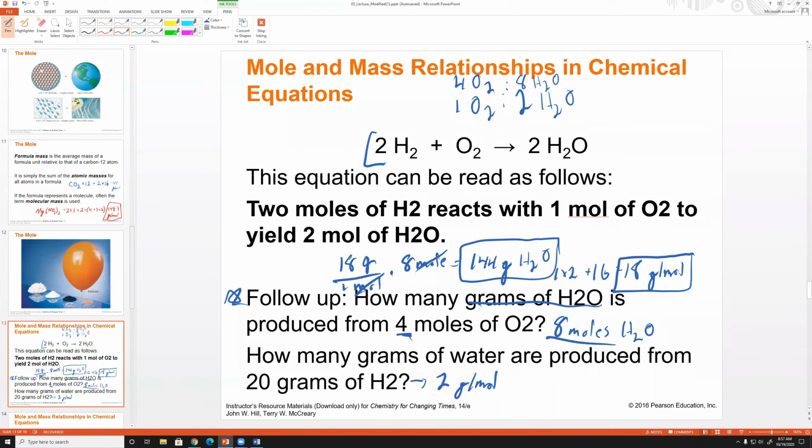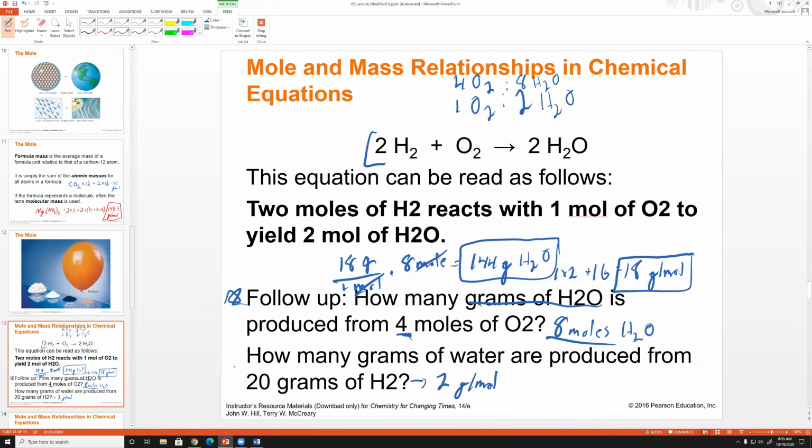That's the answer for the moles. So you have 2 grams per mole of H2, because you add 1 plus 1. So if you have 20 grams of that sample, and you know that 2 grams of it is each mole, how many moles are in 20?